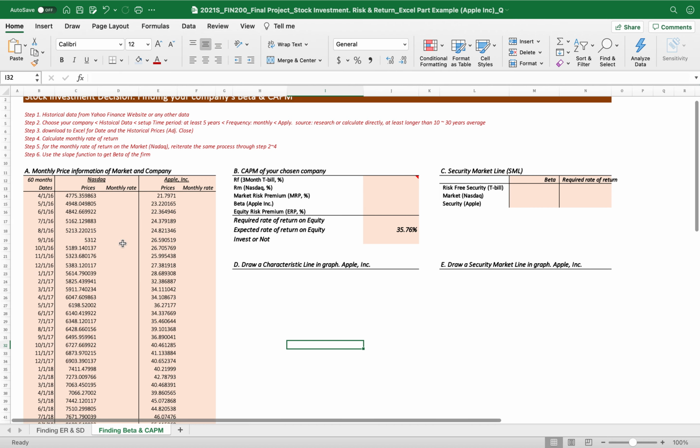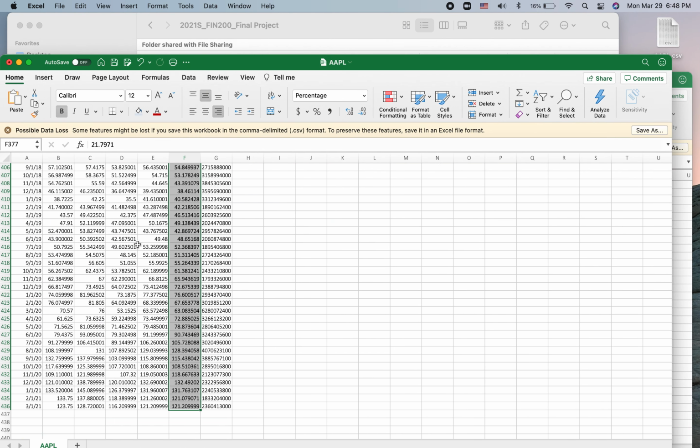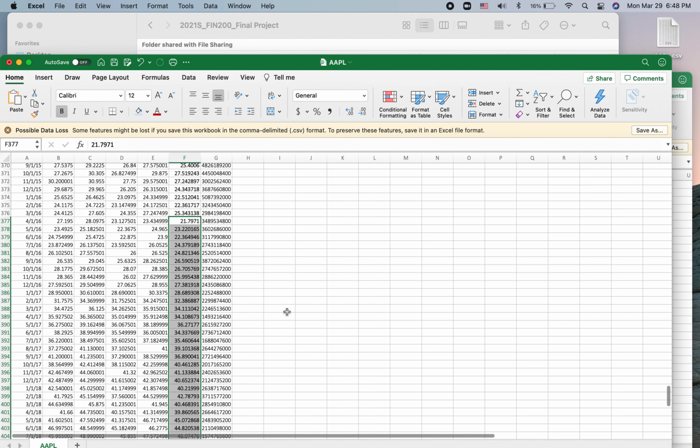So I collected only the monthly basis for the recent 5 years, which is 60 months. If we collect too long a period, like 10 years or 20 years, for the beta, it's not a good fit for the recent sensitivity of the stock.